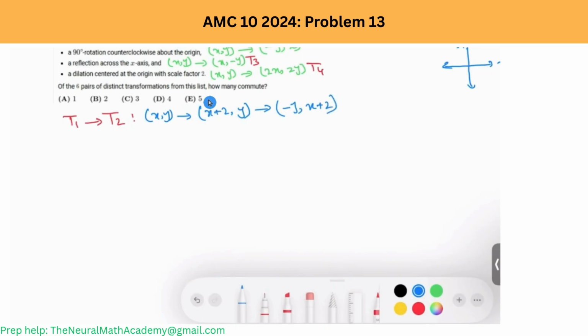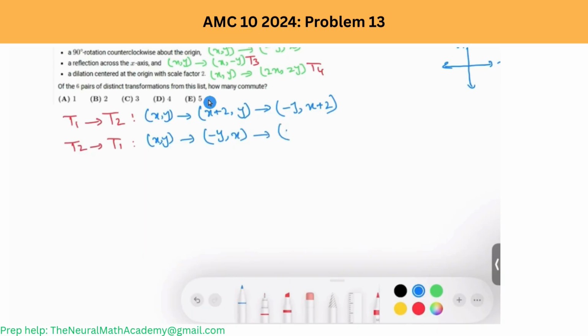Okay, so now let's see if I apply T2 first and then apply T1, what do I get? If I apply T2 first, I'm still starting with xy, and since I'm applying T2 first, I would get minus y, x, and then I get here minus y plus 2, and x, right?